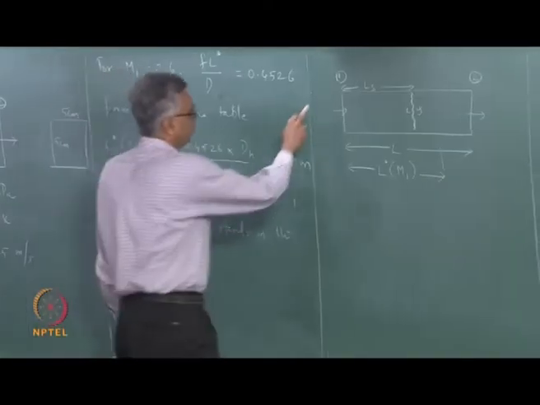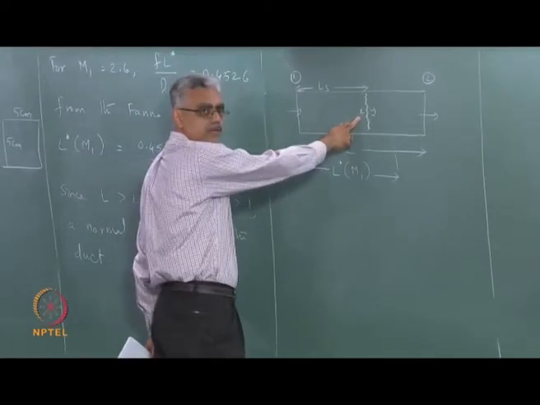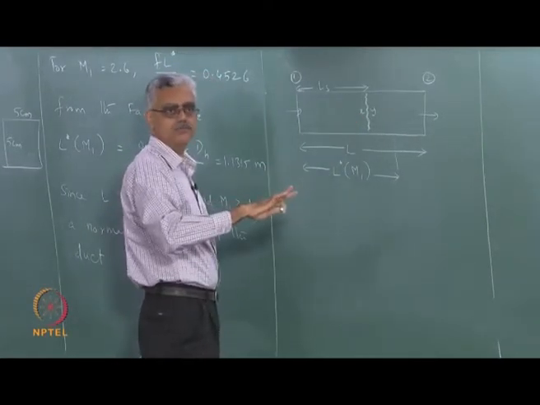Now, state point 1 and state point X lie on the same branch of the Fanno curve, correct.